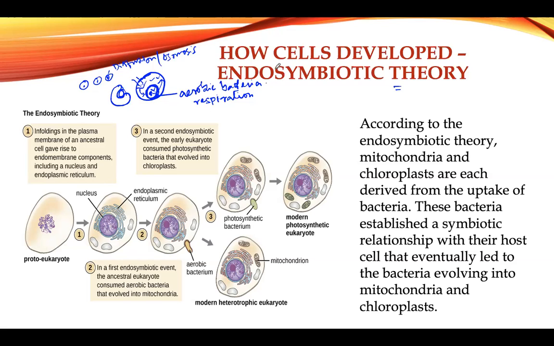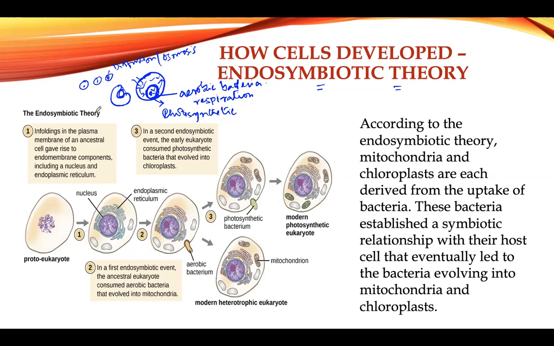We have another symbiotic theory about chloroplast or plastid. Exactly the same way, instead of aerobic bacteria, a large prokaryotic bacteria engulfed a photosynthetic cyanobacteria. You all know that chloroplasts or plastids help plants do photosynthesis, right? So it's the same concept. That's the endosymbiotic theory.